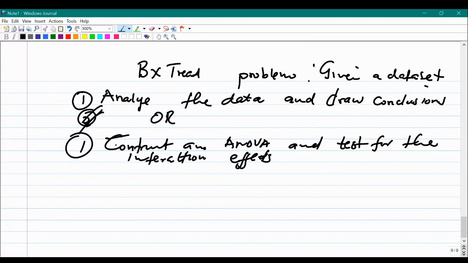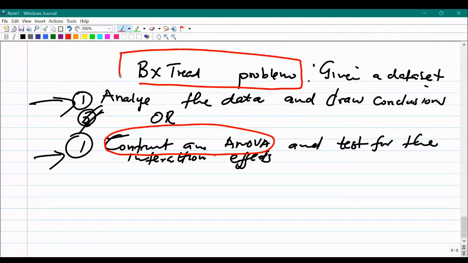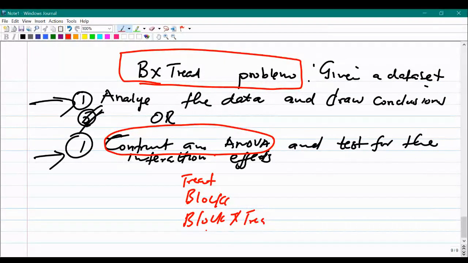What is the difference between these two questions, guys? Let me start with the second one. The second question is specific, isn't it? It's a block by treatment interaction effect problem. If you are asked to construct the ANOVA table, it's fine. You will have the treatment, the blocks, the block by treatment, the error, and the total.